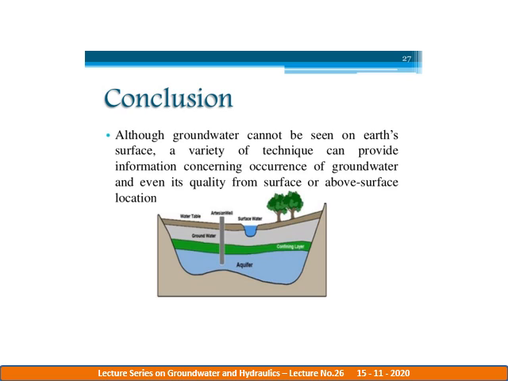Groundwater cannot be seen on the earth's surface. A variety of techniques can provide information concerning the occurrence of groundwater and even its quality from surface or above-surface locations.